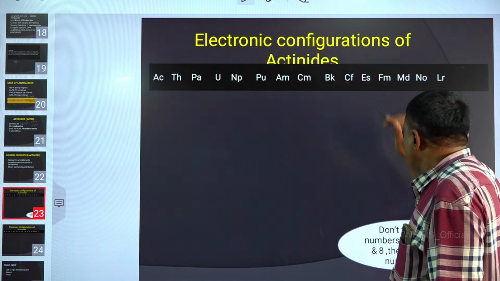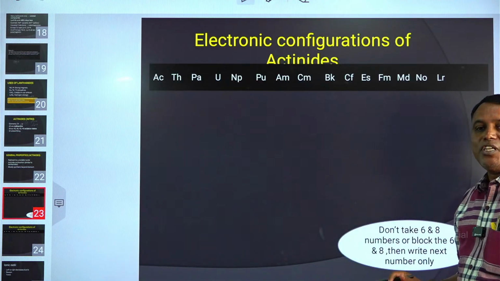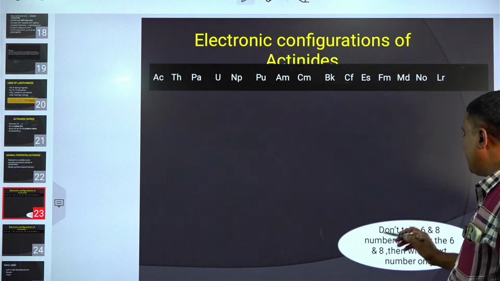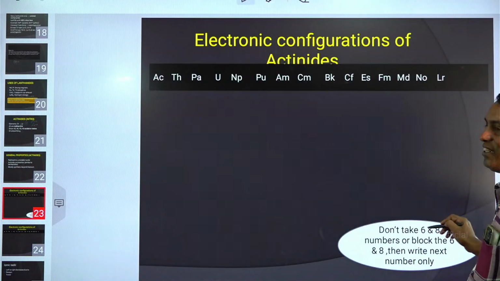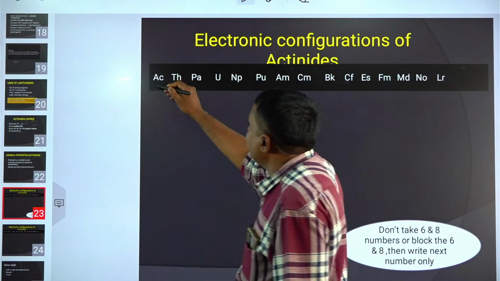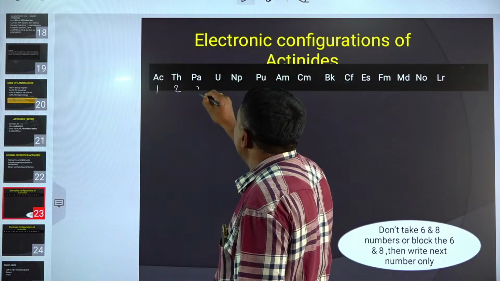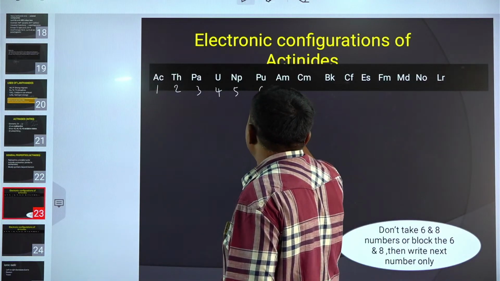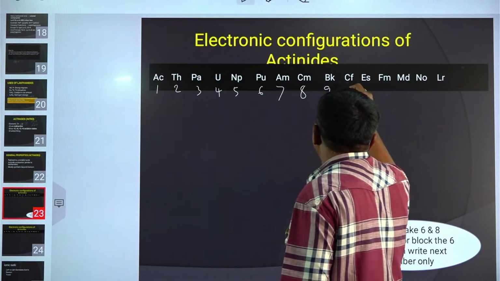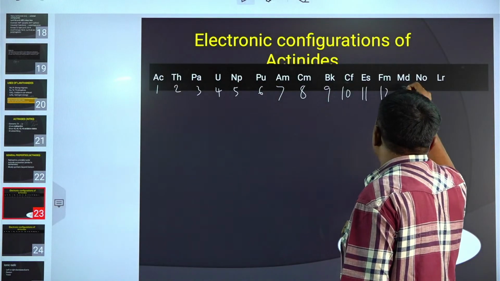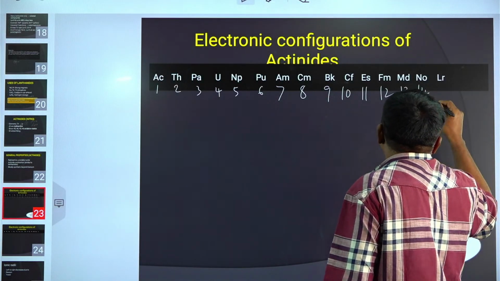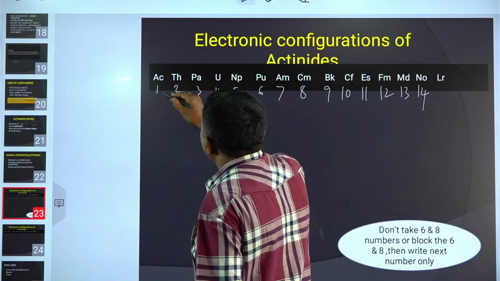But in order to remember, you don't take the 6 and 8 numbers. This is the first number, second, third, fourth, fifth, sixth, seventh, eighth, ninth, 10th, 11, 12, 13 and 14.